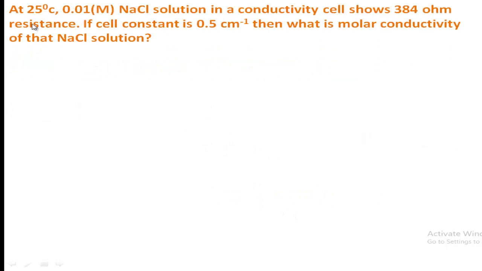Another math: at 25 degrees centigrade, 0.01 molar sodium chloride solution in a conductivity cell shows 384 ohm resistance. If the cell constant is 0.5 per centimeter, then what is the molar conductivity of that sodium chloride solution? Here the value of M is given, that is 0.01 mole, R is 384, and the cell constant L by A is 0.5 per centimeter.